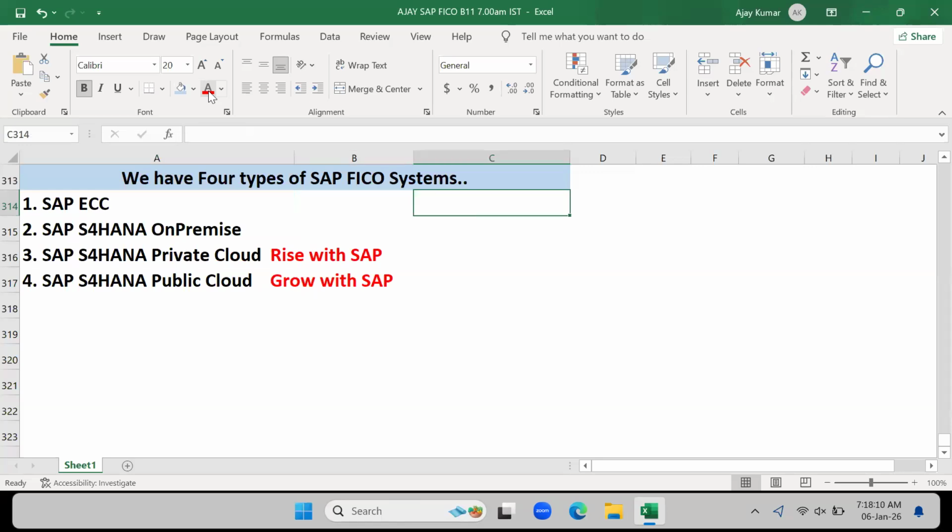Okay. Now your SAP ECC is basically license based.